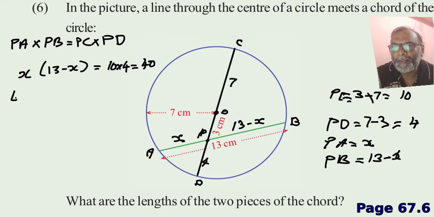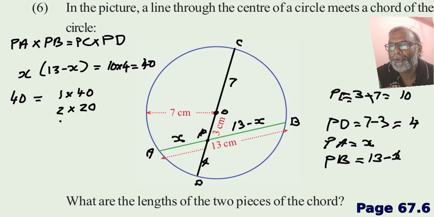Now we can imagine like this. What are the factors of 40? Or 40 can be written as 1 into 40. Both of them are factors. Then 2 into 20, then 4 into 10, then finally 5 into 8.